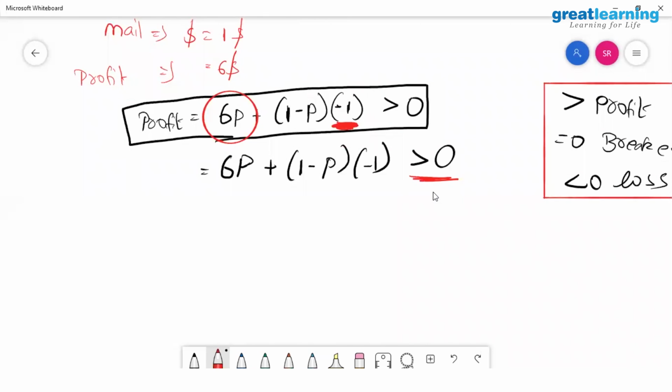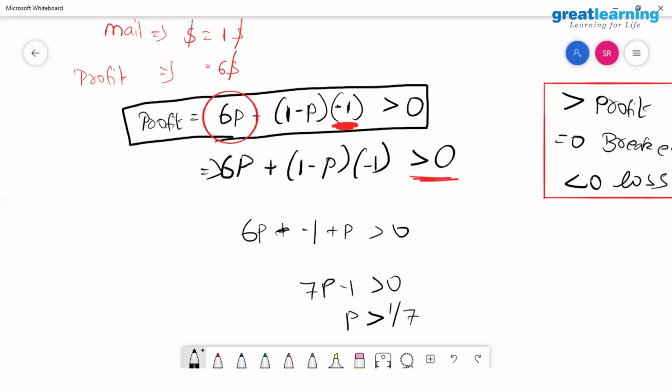Since I wanted profit, I've taken something greater than 0. To select the right cutoff value, 6p plus -1 times (1 minus p) greater than 0. Therefore, we get 7p minus 1 greater than 0, so p is greater than 1 divided by 7.